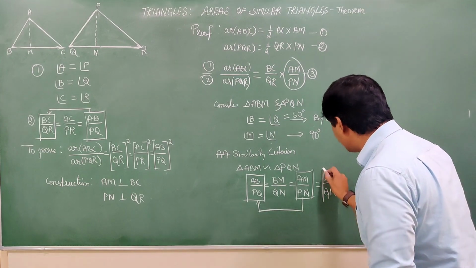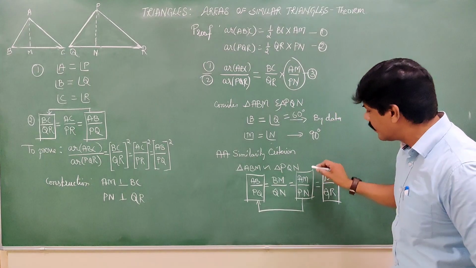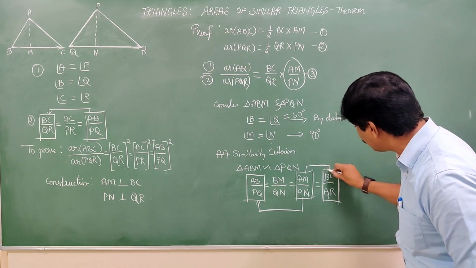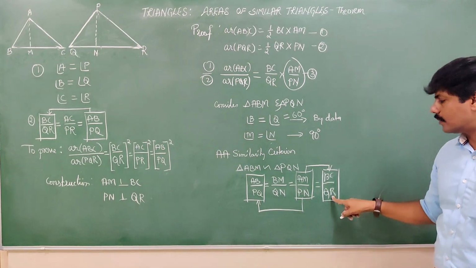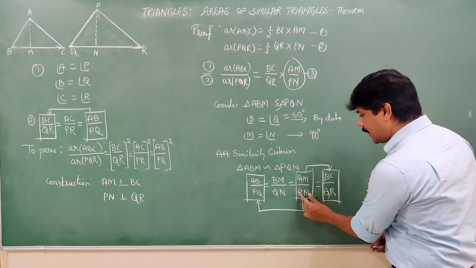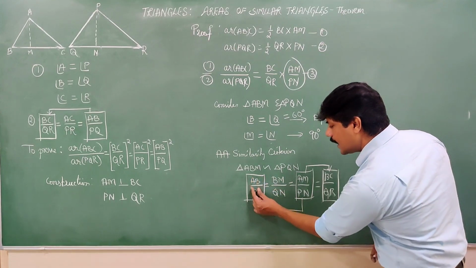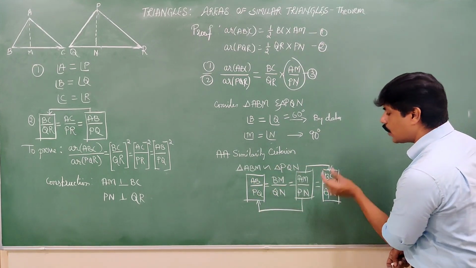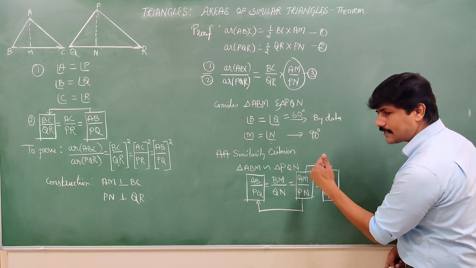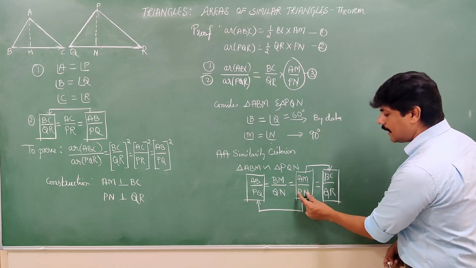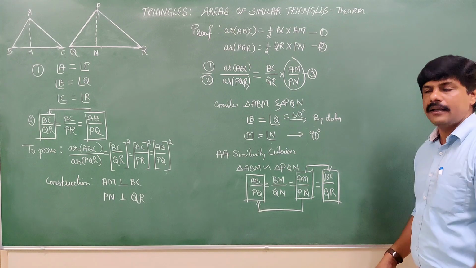Therefore, AM by PN is also equal to BC by QR. Since AM by PN is equal to AB by PQ and AB by PQ is equal to BC by QR, therefore, by transitive property, AM by PN is equal to BC by QR.